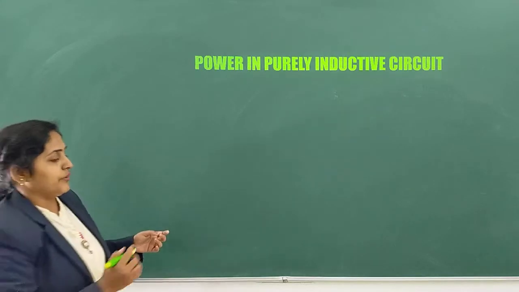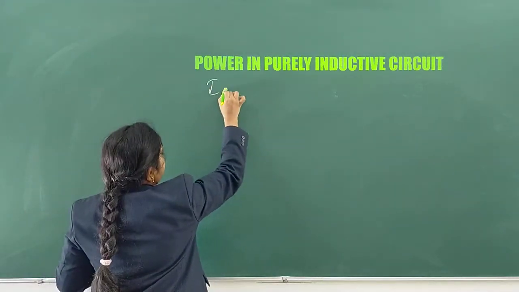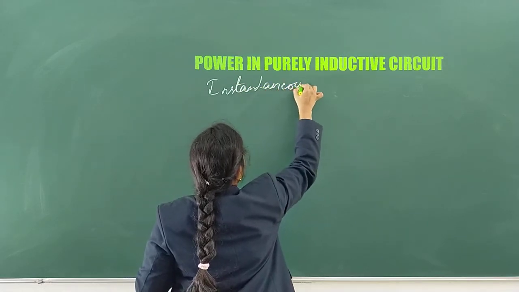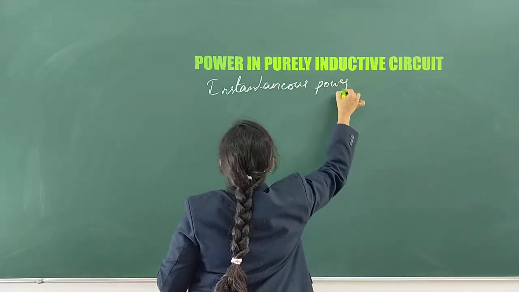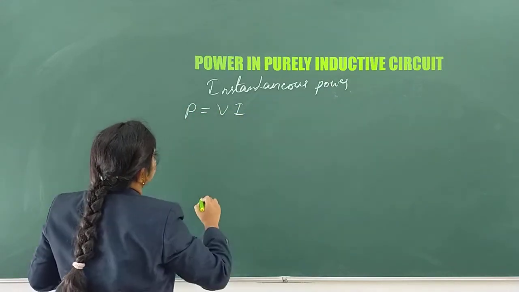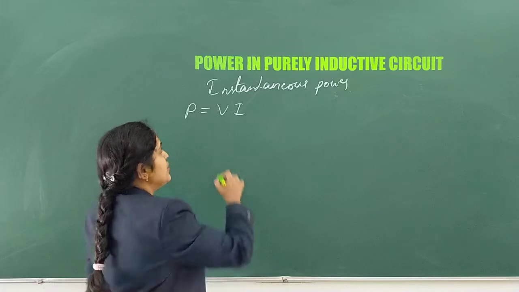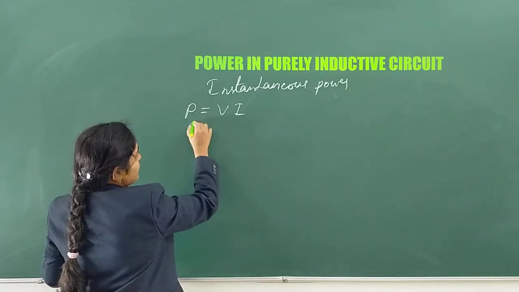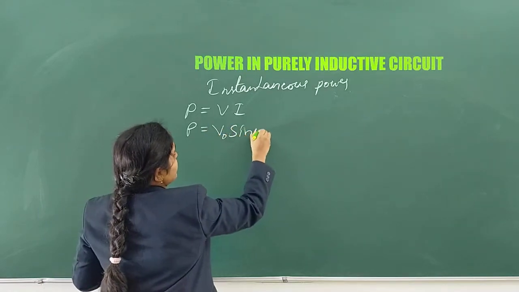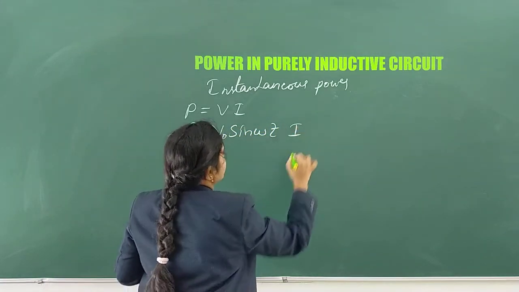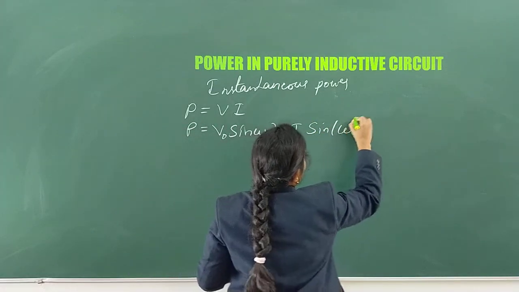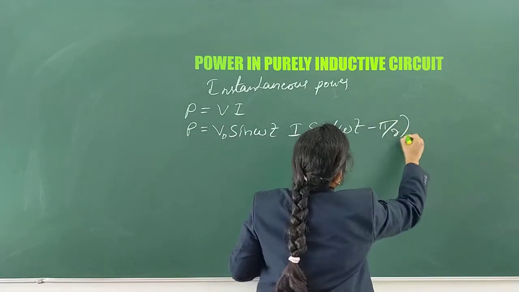Okay. So we know instantaneous power, which is given by P equals V I, the product of current and voltage. The value of voltage was V naught sin omega t, and the equation for current which we obtained was I equals I naught sin (omega t minus pi by 2).